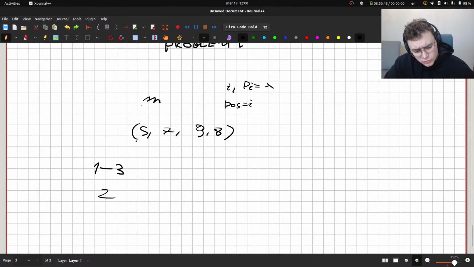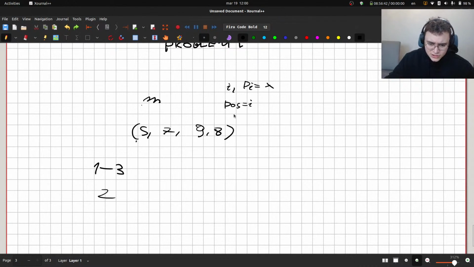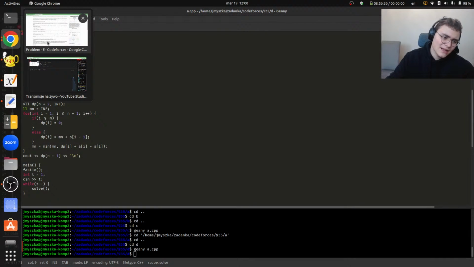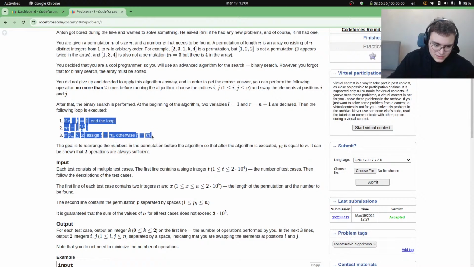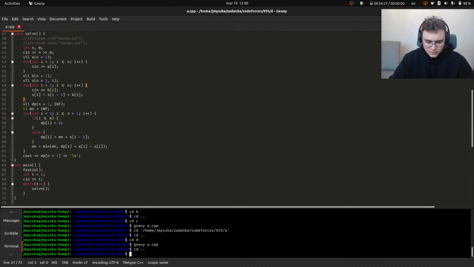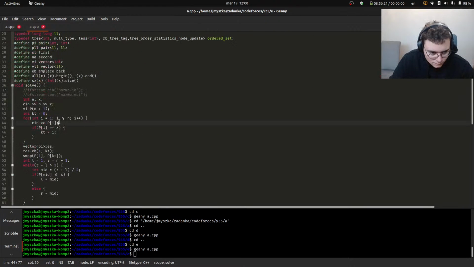So what we could do is just first swap our position with position 1, and then we could just implement this procedure, find the l, and swap with position l. I will show you my code. So basically I'm finding this position such that p_i is equal to x.